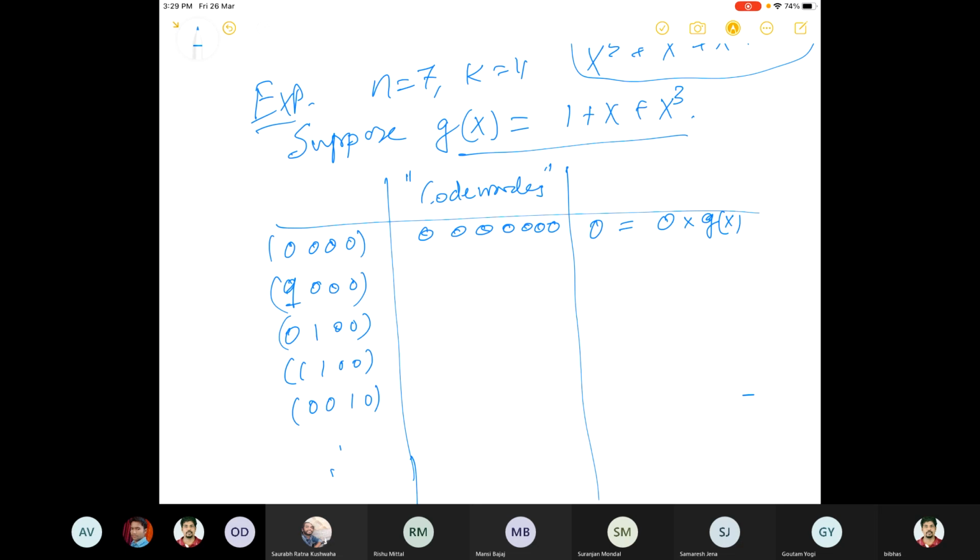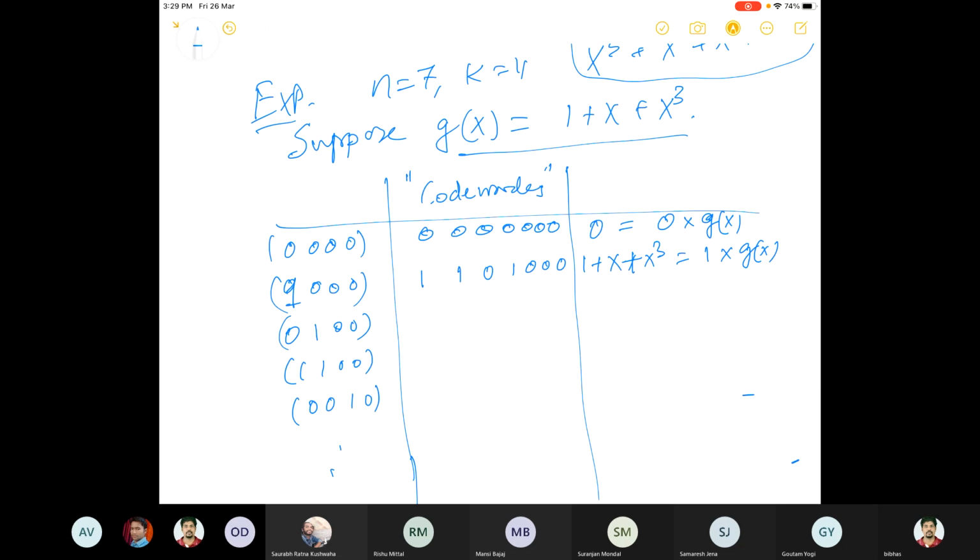We can have 1 times g(x), which is 1 plus x cube. So what is the corresponding code word here? 1 1 0 1 0 0 0.